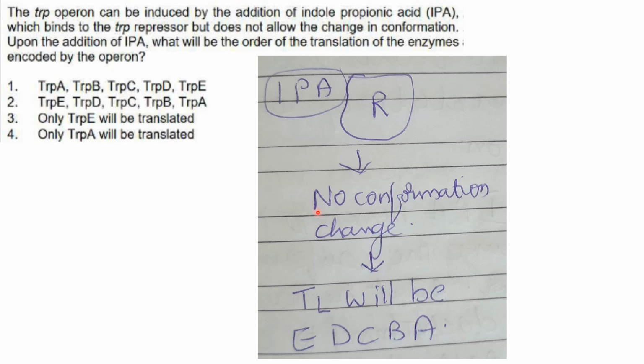So the repressor will be inactive here, and it doesn't bind to the operator. This allows the RNA polymerase to transcribe the operon. Now they have asked what the sequence of the structural genes in the operon will be. So it is EDCBA. EDCBA. Answer is option 2.